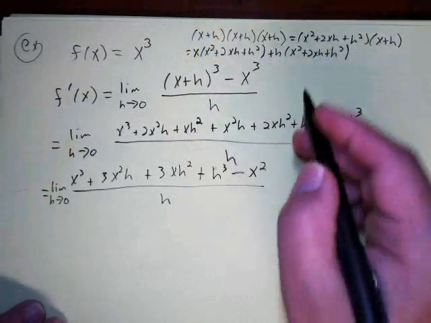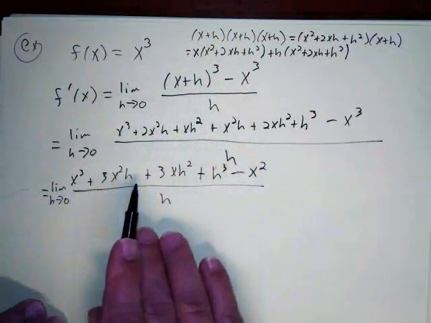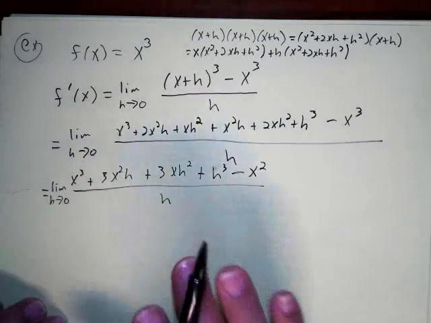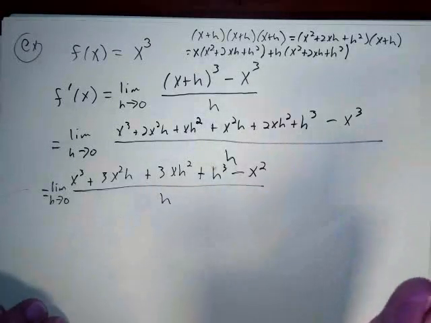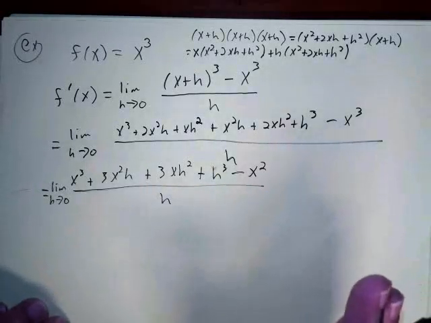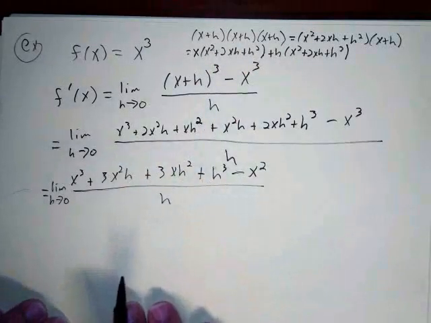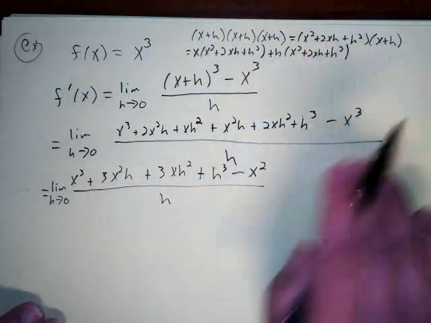Let me also say that there's a way of expanding this out. I could have gone directly from here to here using the binomial expansion theorem. Just type binomial expansion theorem into YouTube, and you can find a video on how to do that if you're interested. Otherwise, you'd have to FOIL a bunch here.